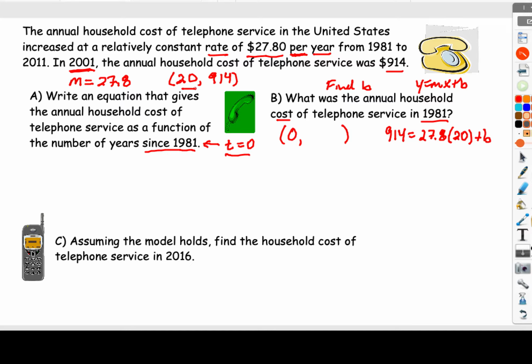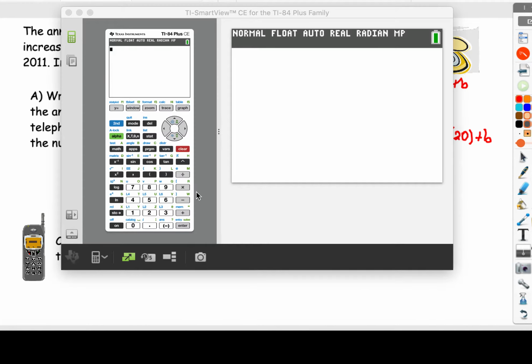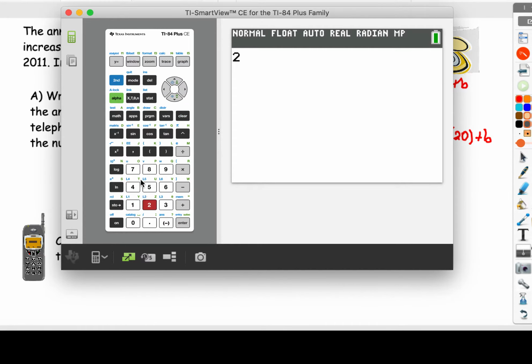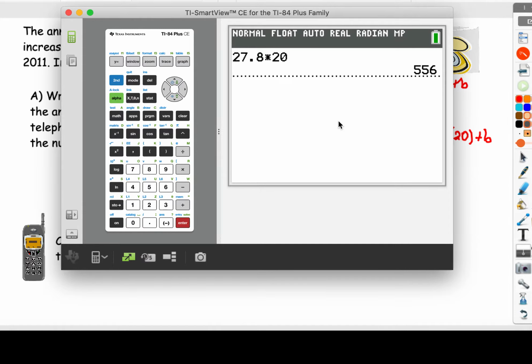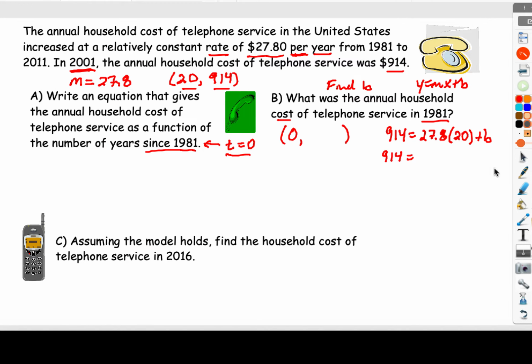I'm just inserting for x and y the coordinate that I already know. Let's do a little bit of math here. 914 will be equal to, now I'm going to need my calculator for this. 27.8 times 20 might be a little bit tricky. So don't be afraid to pump that in your calculator just to be sure we don't get the wrong numbers. 27.8 times 20. Maybe you can do that in your head. Did you get 556? I sure hope so.